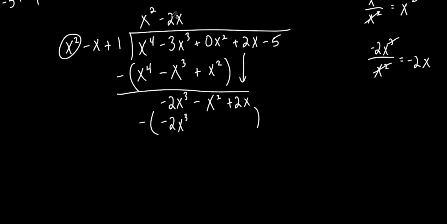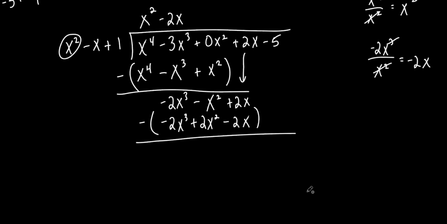It's a positive. What's 2x times x? It's positive, so we put plus 2x squared. Got one more. So negative 2x times positive 1. It's just negative 2x. All right, so that's our multiplication.